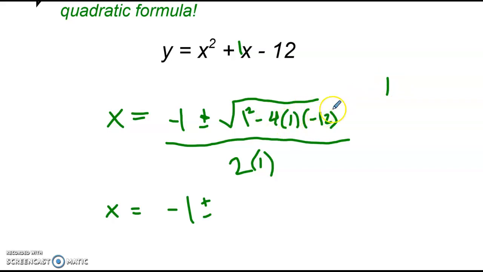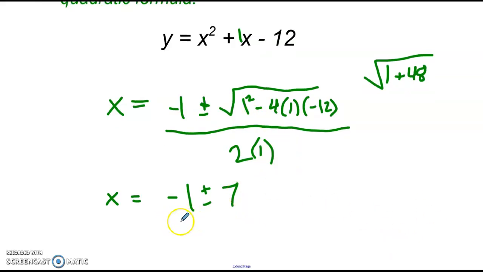Negative 4 times negative 12 is positive 48. So you can see that this whole thing is going to come out to the square root of 49. Now, the square root of 49, I'll bet you can do that one in your head. That's just 7. So this entire thing comes out to 7. Now, it won't always come out to something neat and tidy like that, but for this one it does. And then all over 2a, so 2 times 1 is just 2.